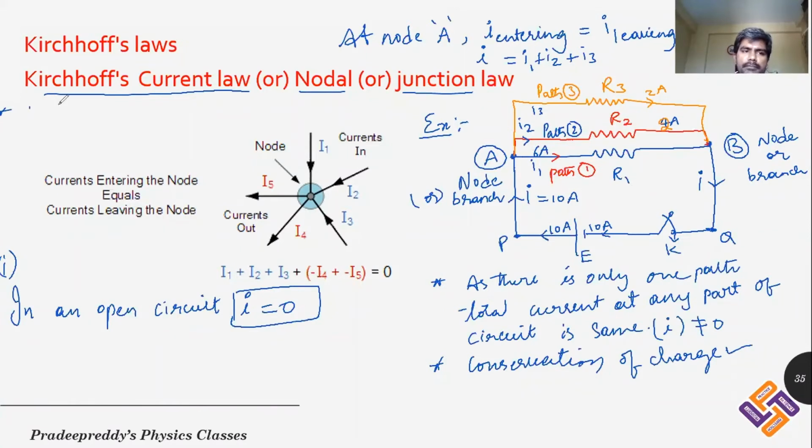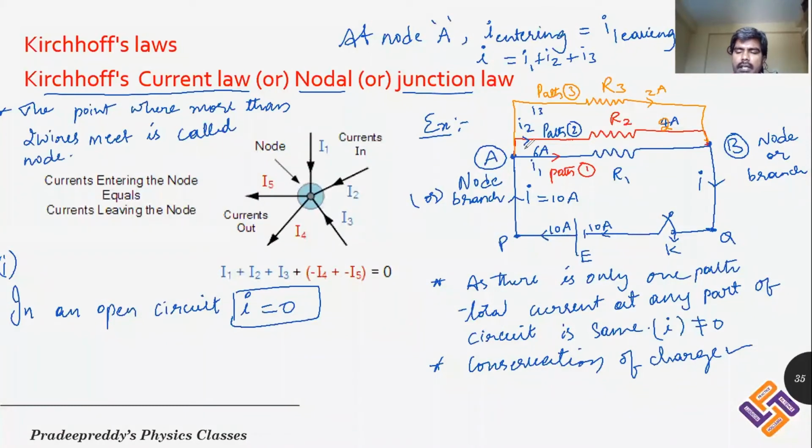The point where more than 2 wires meet is called a node.